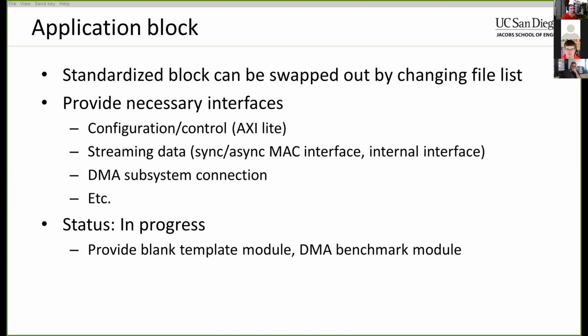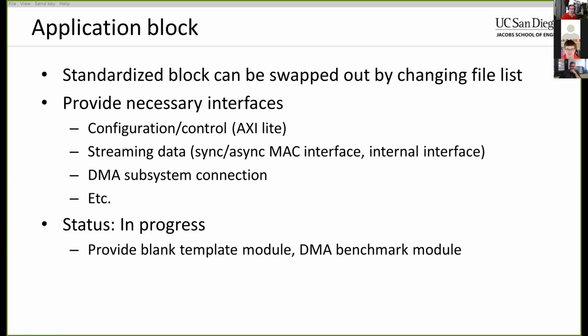Part of this is configuration and control over AXI Lite; we're going to have a PCI Express BAR that's dedicated to the application block. And then the application block will also have access to the core data path for the NIC. So if you want to change scheduler settings or something else, you'll be able to do that. And then we have streaming data interfaces for the MAC interface.